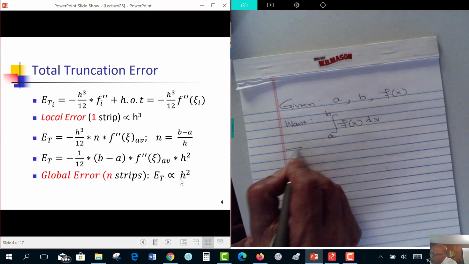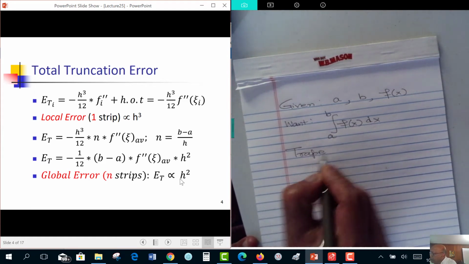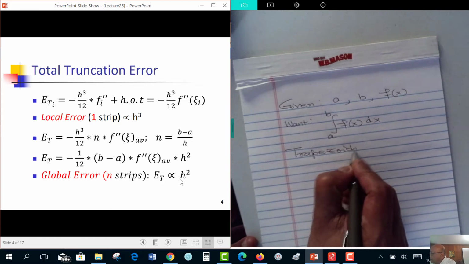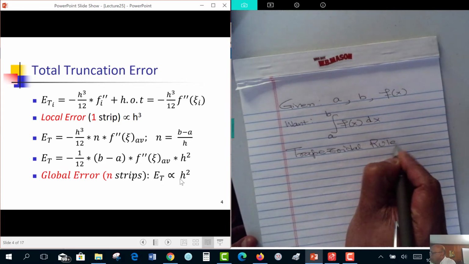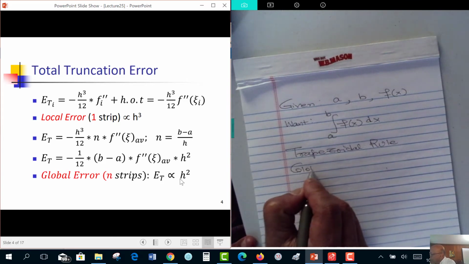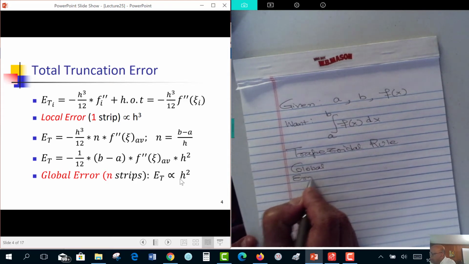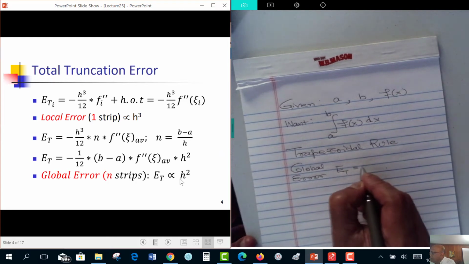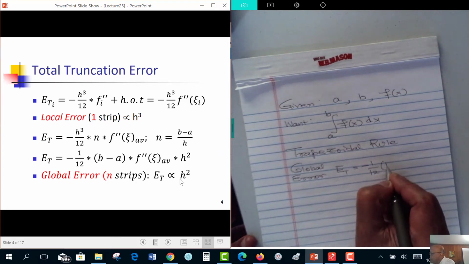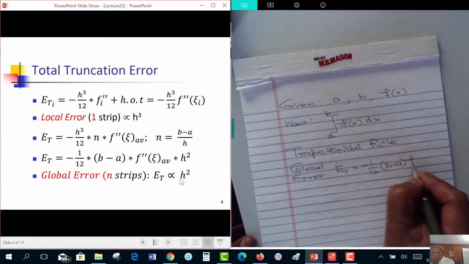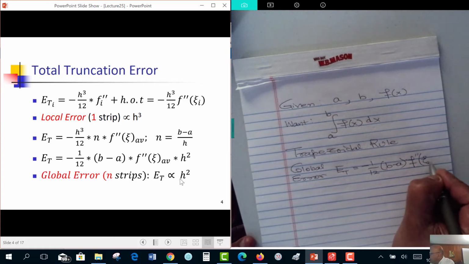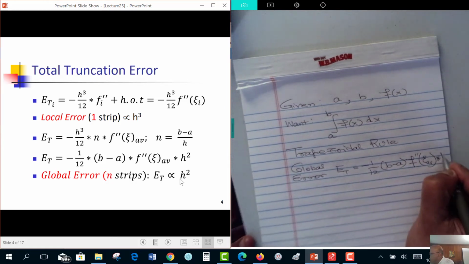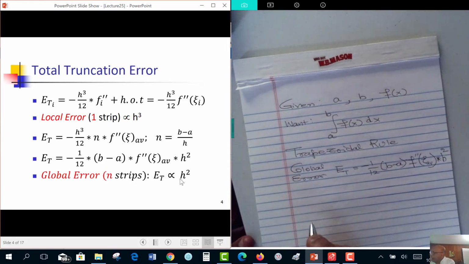So what we find in the trapezoidal rule is that our global error ET is minus 1 over 12 times b minus a times the second derivative at some zeta average, times h square. Now this value is usually a very weak function of h.